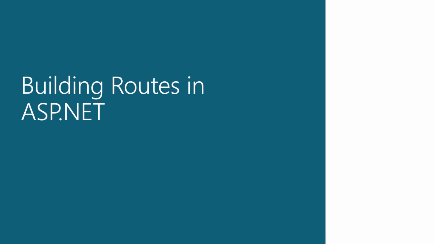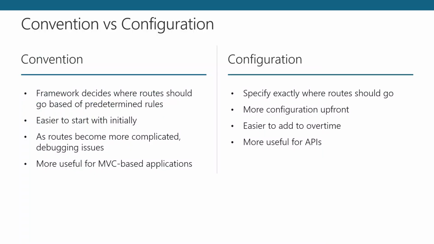In this module, we'll discuss various ways we can define our routes within ASP.NET Core. There are two methods for defining routes in ASP.NET Core: convention or configuration. Convention was a popular method for ASP.NET MVC applications many years ago.